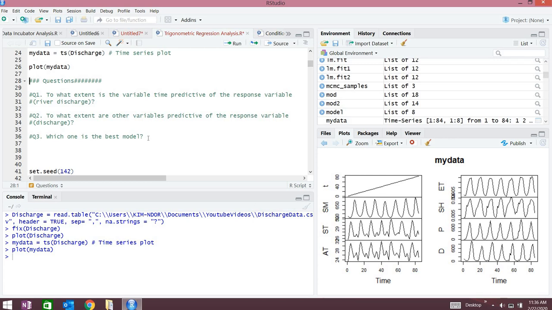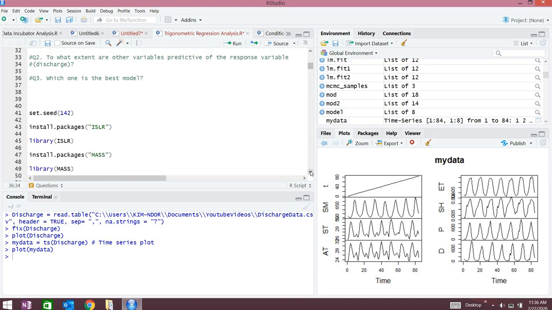And then we try to answer the question: which variables give us the best model? So we are going to go through it one by one. Let's see.